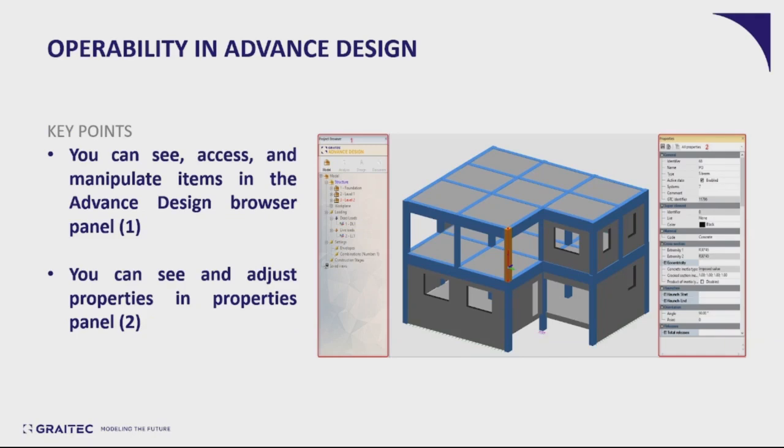So if the model has been created correctly in Revit, on the left hand side you can easily access the model tree and see the different levels, and on the right hand side, by selecting any member or any group of members, you can access the properties of this group of members or an individual member.